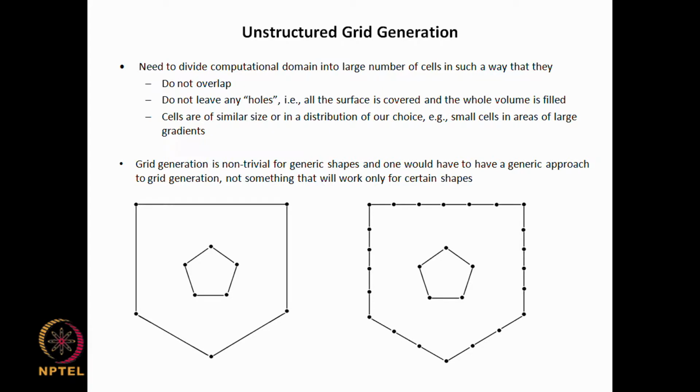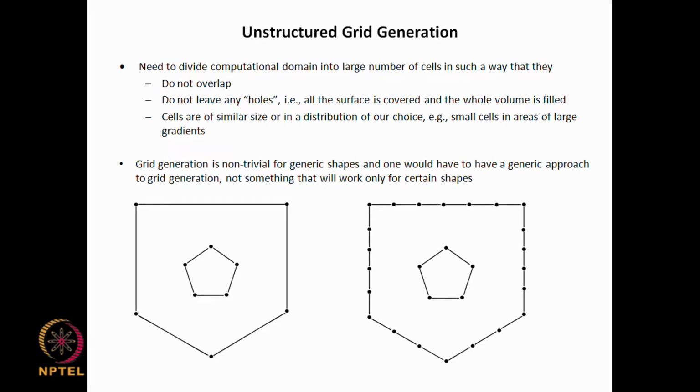It can be done intuitively, by inspection, but when you have a more complicated domain, then we cannot do it in an arbitrary way, and we have to do it algorithmically. Okay. So grid generation is non-trivial for generic shapes, and one would have to have a generic approach for grid generation, not something that would work only for certain types of shapes.